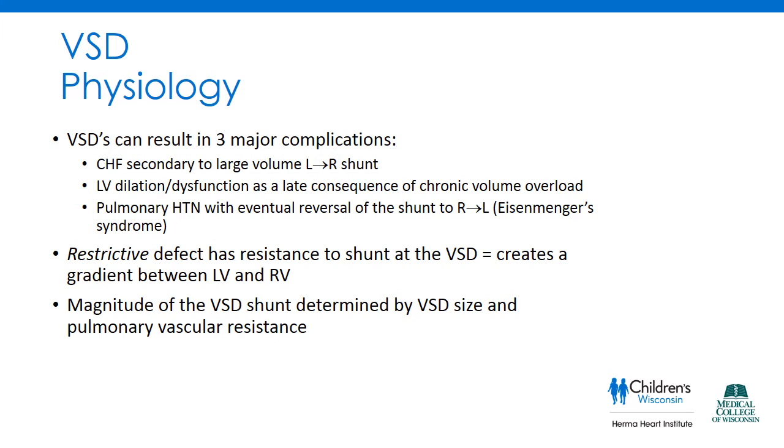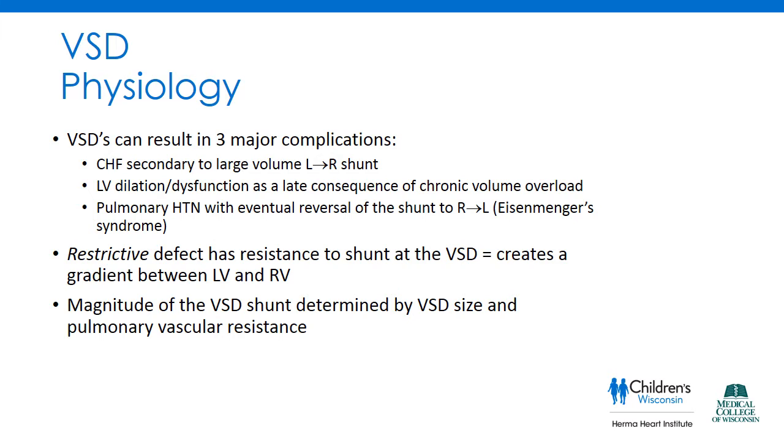A really late major complication is pulmonary hypertension with the eventual reversal of shunt to a right to left shunt. This is often called Eisenmenger syndrome. This is really a late complication. We should not see that in Western medicine, as long as they have had follow-up.